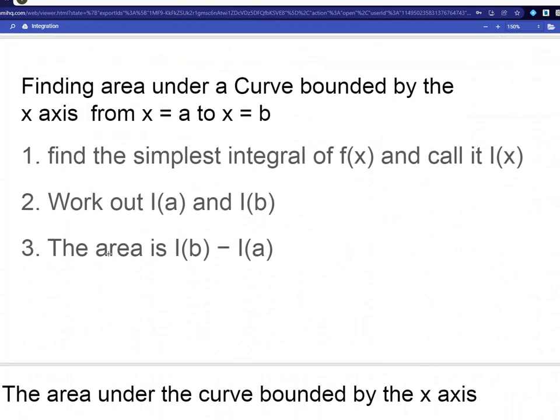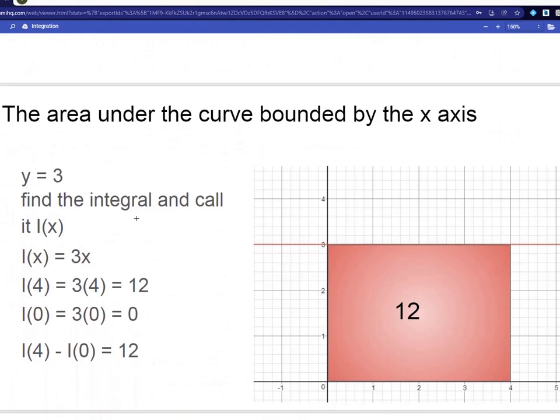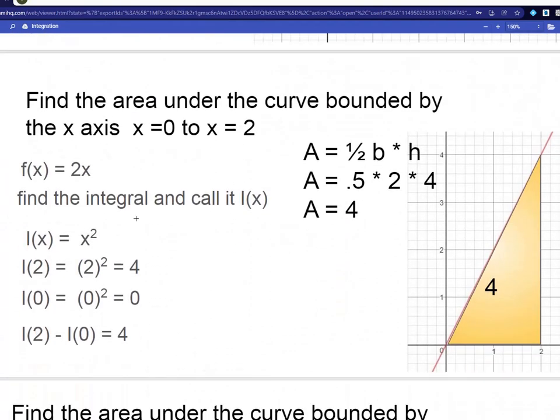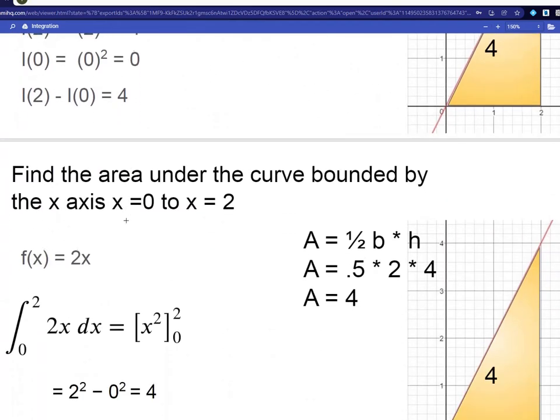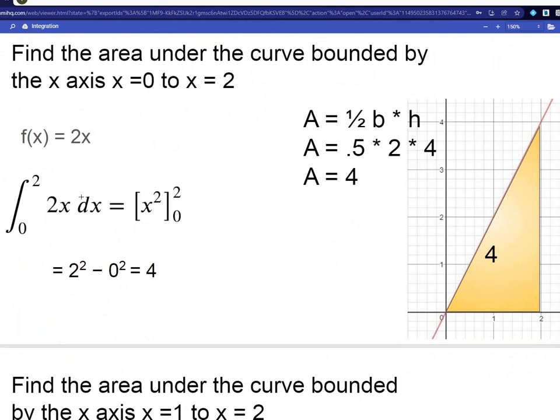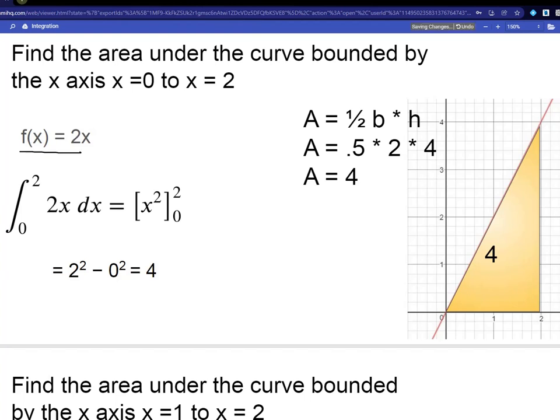If I'm trying to find the area under a curve, I'm going to do the exact same thing. For example, if I take this very simple function, y equals 2x, it's going to make this line over here.